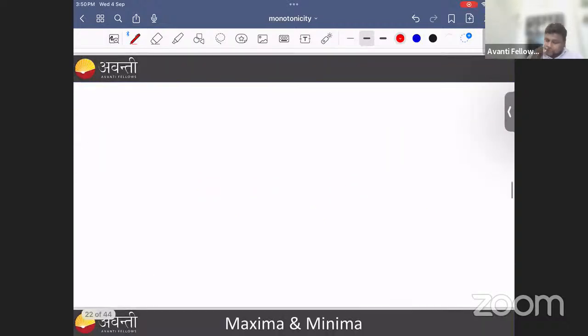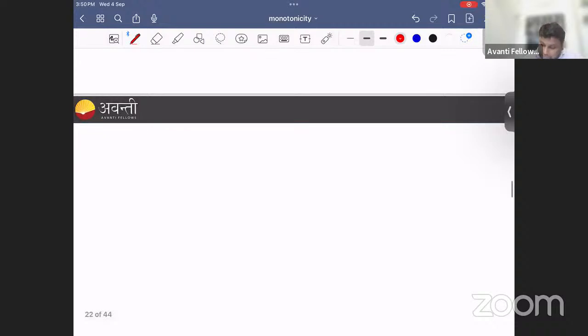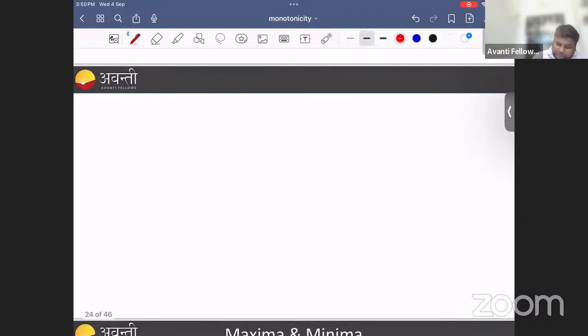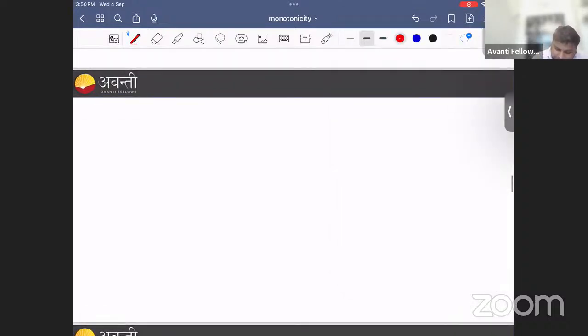Okay, let's do a few questions on these topics. See the first one. f(x) is given to you as x cube plus 3x square plus 81x plus sine square x.